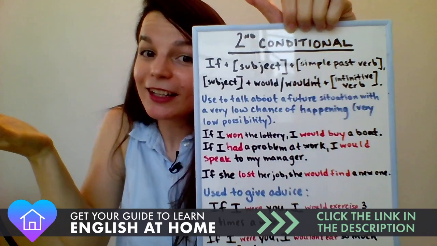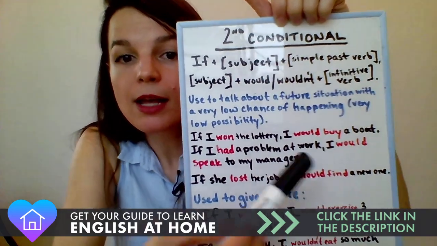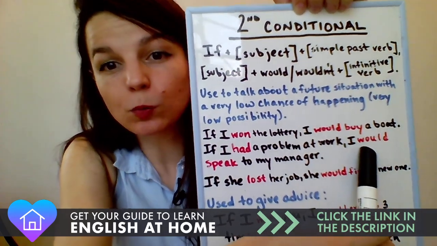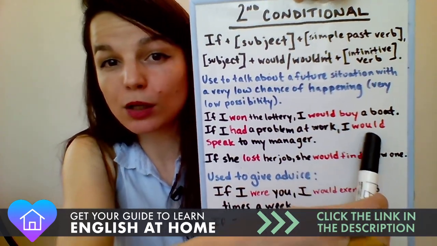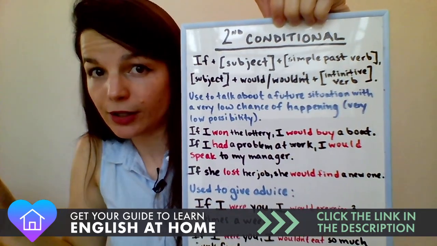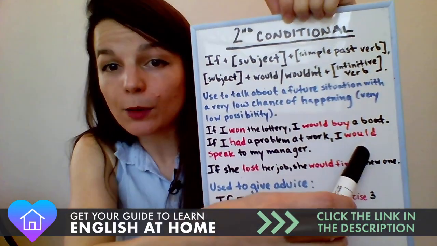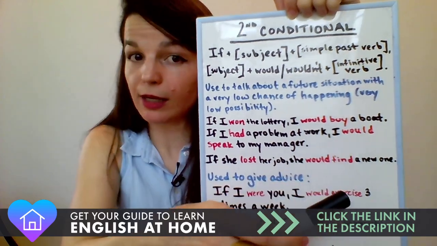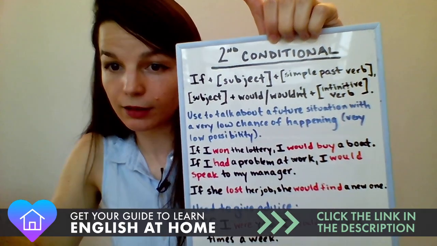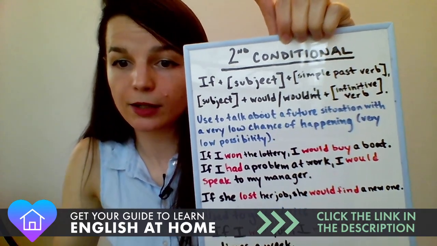But if I had a problem at work, this would be my action. We use would instead of will because we use would and wouldn't to talk about unreal situations, yeah? So we cannot use will speak in this case. It has to be would speak because it's an unreal condition, an unreal situation.